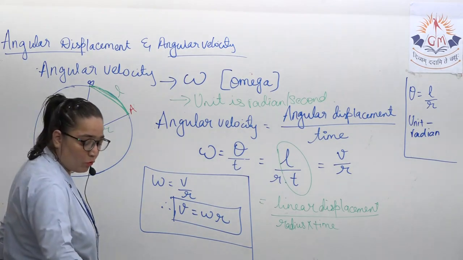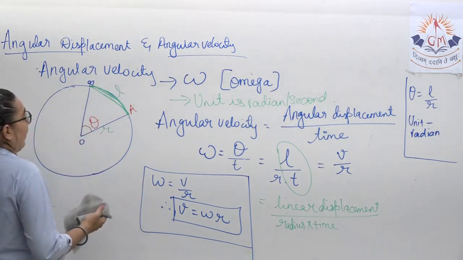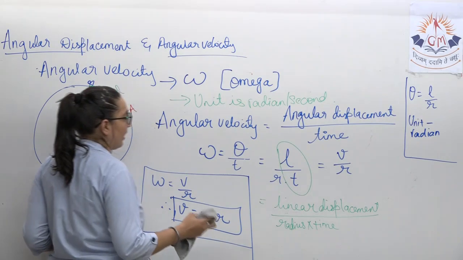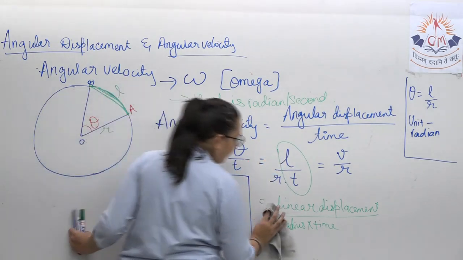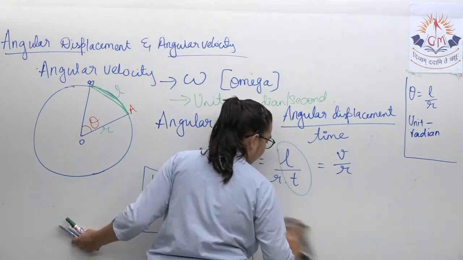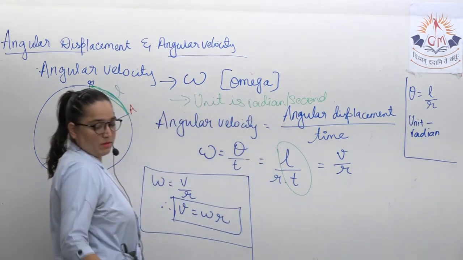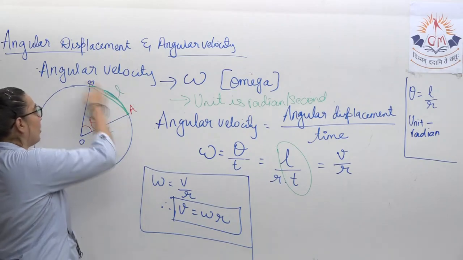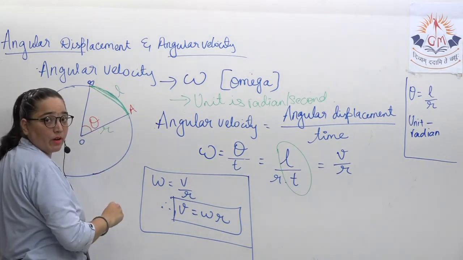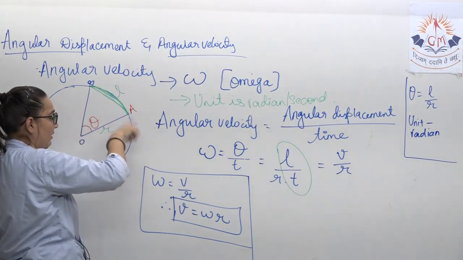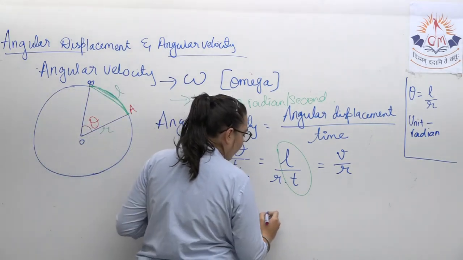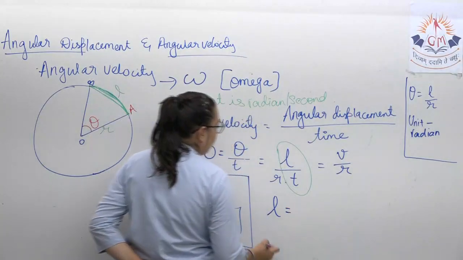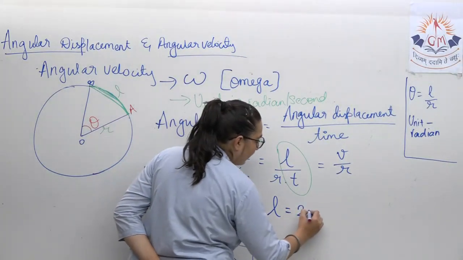Now, we'll move further. In this angular velocity, just imagine I am considering the linear velocity as one example when the object is covering the whole circular path. Then in that case, what will L be equal to? 2 pi r.